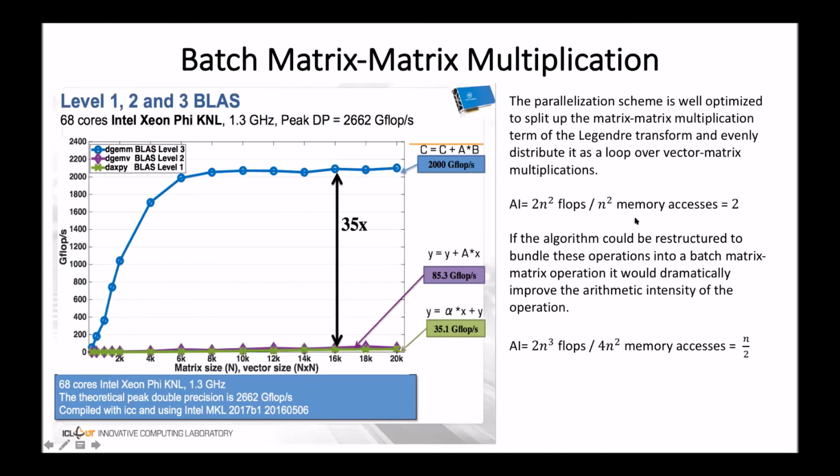However, if we can restructure the algorithm from the top down to bundle these operations into batch matrix operations, we could dramatically improve the arithmetic intensity to n over 2. And I think only by doing this kind of transformation will we be able to reach the peak performance of the KNL. So that's all I had.